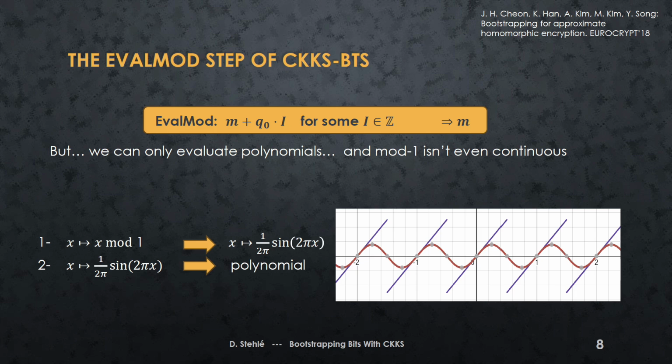And the second step, because sine is still not a polynomial, is to replace the trigonometric function by a polynomial approximation to it. And on the picture, you can't see it because the polynomial is so close to the trigonometric function that it's also the red curve. Okay, so we evaluate mod 1 by a polynomial approximation to a trigonometric function on a given number of periods.